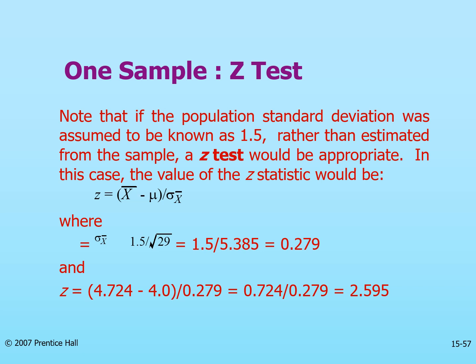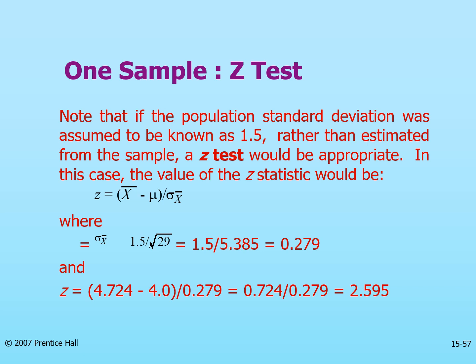So here the very important thing is that if you cannot assume the population standard deviation, use the t-test. If the population standard deviation can be assumed, then you can use the z-test.